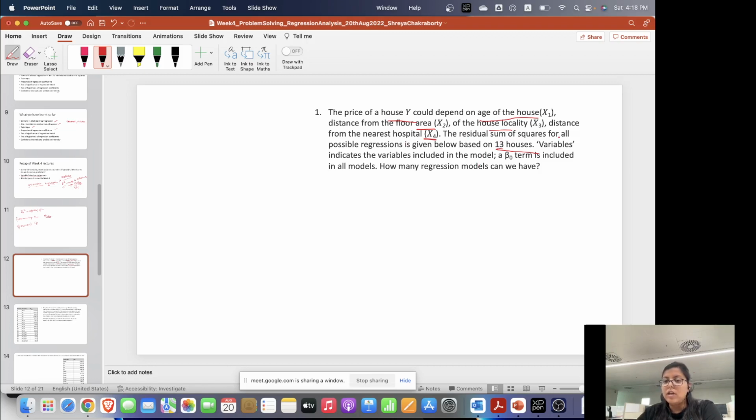So how many possible regressions can we have with these predictors? See, when we are not selecting, we are always having this beta 1 term included. So this could be my model when none of the predictors are selected.